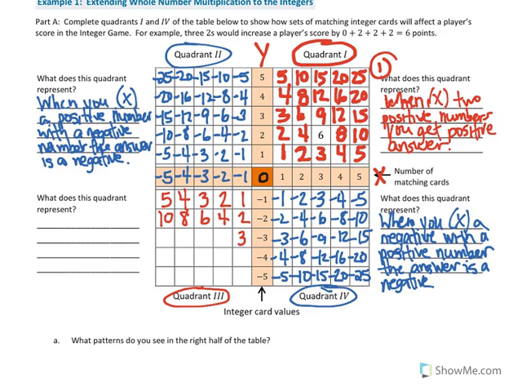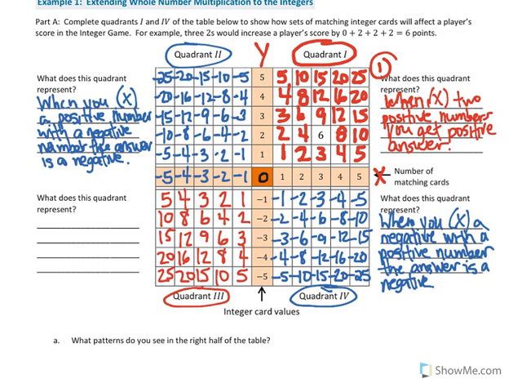So this one's going to be a positive 3, positive 6, positive 9, positive 12, positive 15, positive 4, positive 8, positive 12, positive 16, positive 20, positive 5, positive 10, positive 15, positive 20, and positive 25.